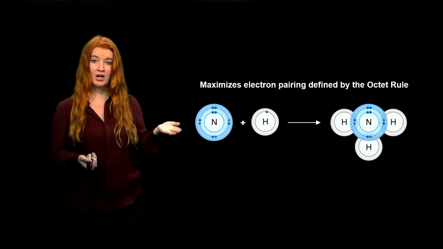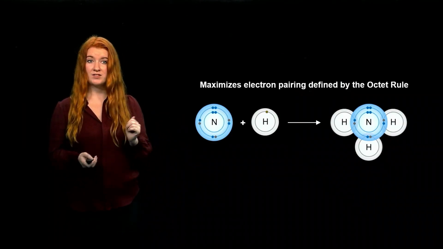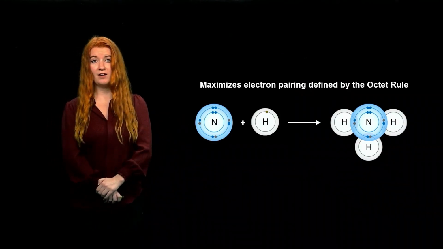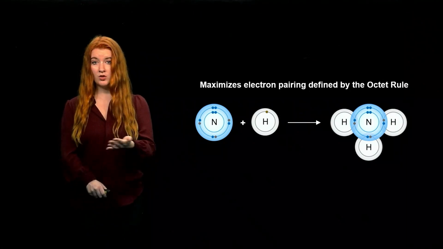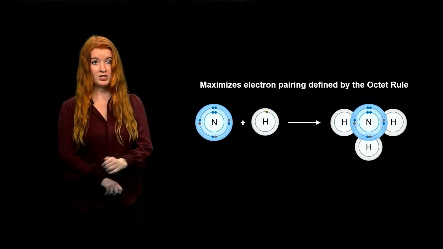And the similarities continue. Another important concept in atomic bonding that you may be familiar with is the octet rule. This rule states that atoms are stable when they have 8 valence electrons, so they prefer to form bonds until they reach this configuration.